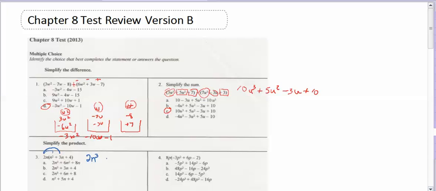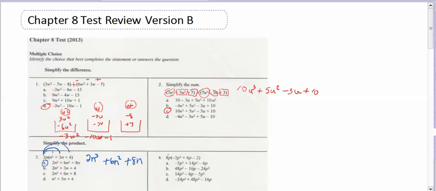So 2 times 3 is 6, and I have n to the second, because n and n is n to the second. And then I have 2 times 4 is 8, 8n. They're all different terms, and that's my answer. And then I'm looking for that. We have 2n to the third, 6n to the second, 8n, and it's letter A.